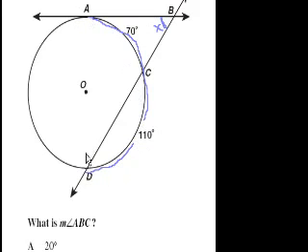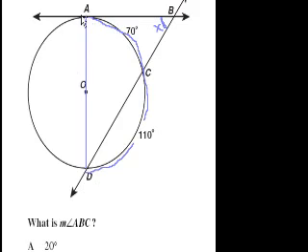So from A to D is actually a diameter of the circle. How do I know that? Because the arc length is 180 degrees. So let me draw a diameter line. I don't know if this is drawn to scale. A to D is a diameter because the combined arc length there is 180 degrees.